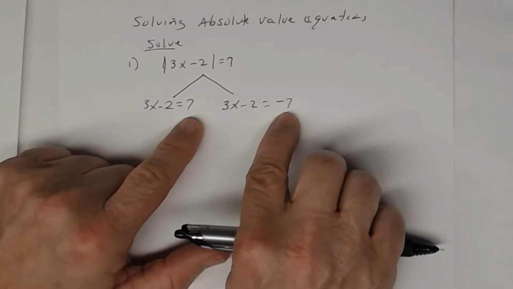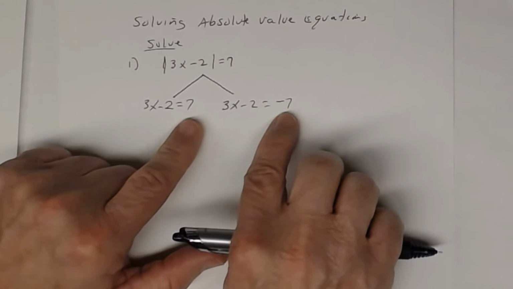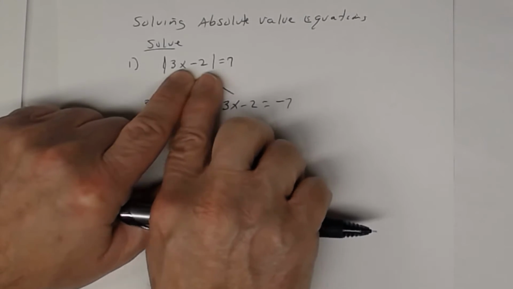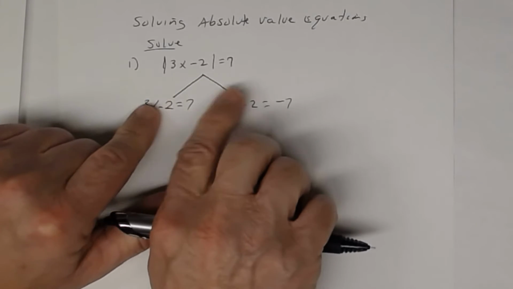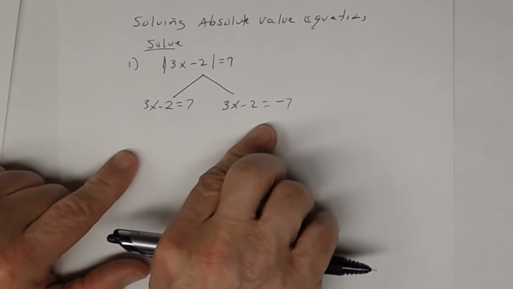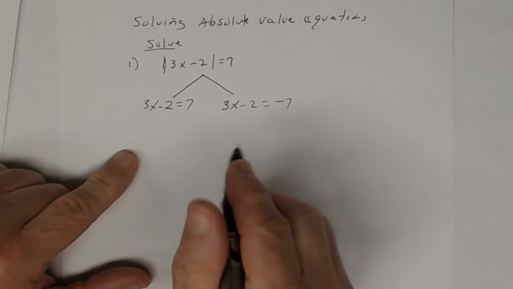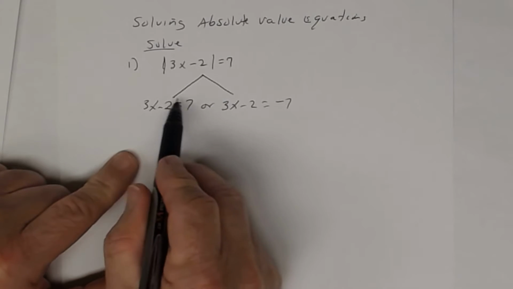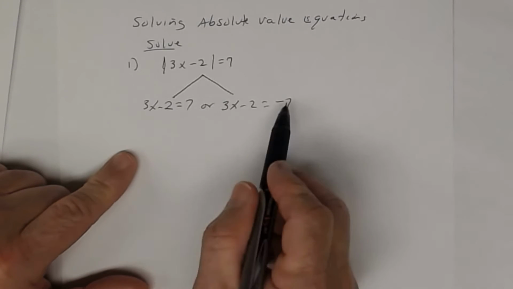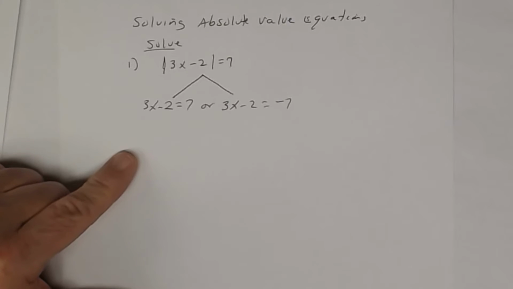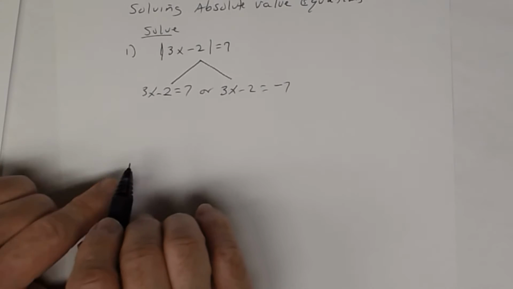So those are opposites. All right? And notice what we just did. We took an absolute value equation and wrote it as two linear equations. So the solutions will be here and here as well. So you can have two solutions.